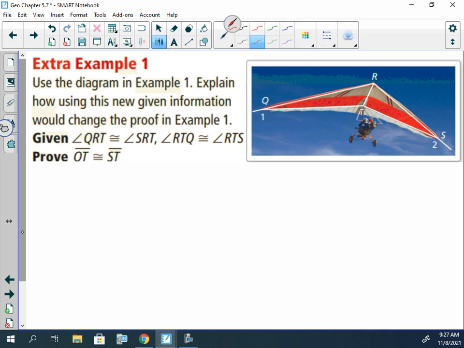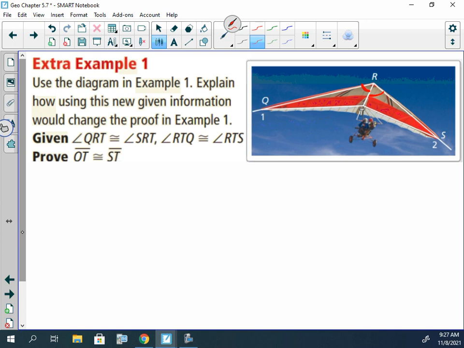Using the diagram example 1, this one here, explain how using the new given information changes the proof. Well, if we look at this here, angle QRT is congruent to angle SRT. So these two here.